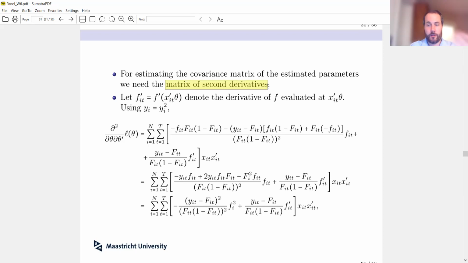Remember that the variance is the inverse Fisher information, and the Fisher information was the negative of the second derivative of the likelihood in expectation. Again, this is just calculation, just formulas, but this is basically the second derivative. Notice that it's a k times k matrix.